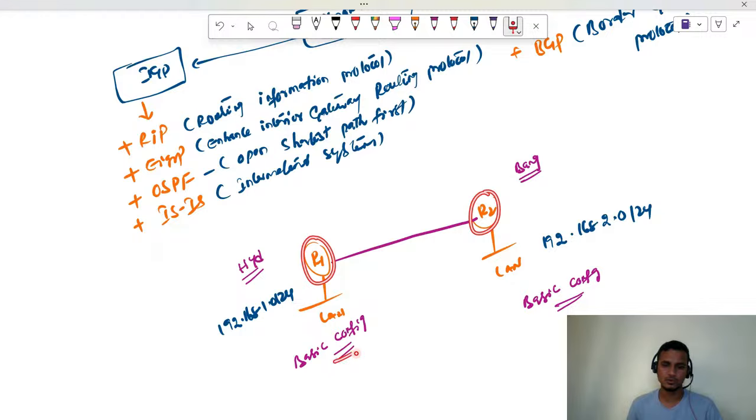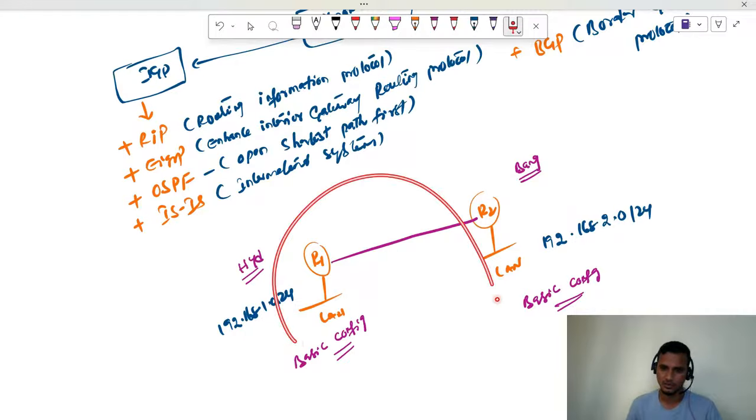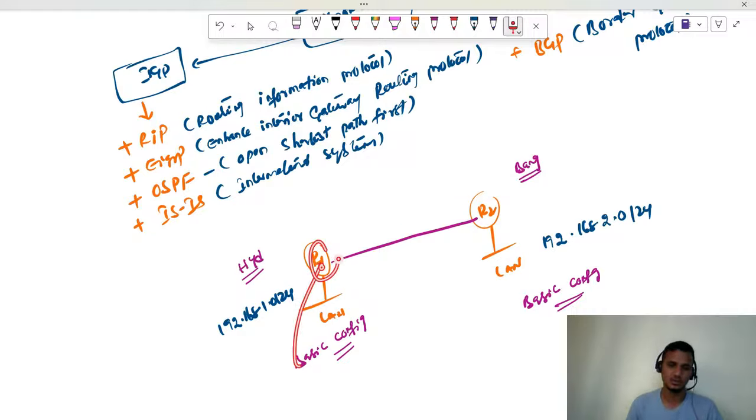So when a user sitting in the Hyderabad office tries to send some data, consider this your source and the Bangalore office the destination. Here we have a user trying to access the Bangalore office server. The packet goes to the default gateway, and the router verifies the routing table.